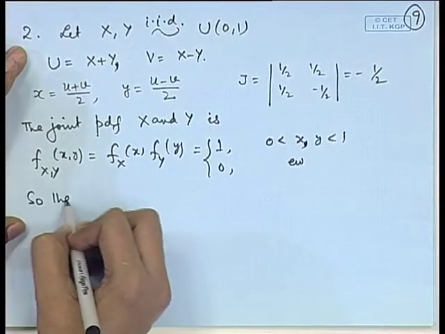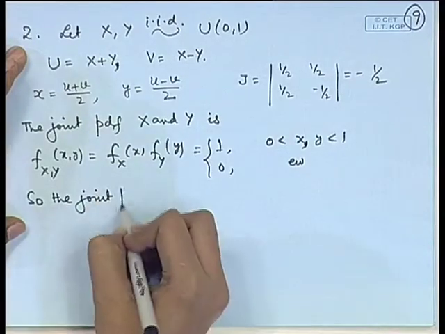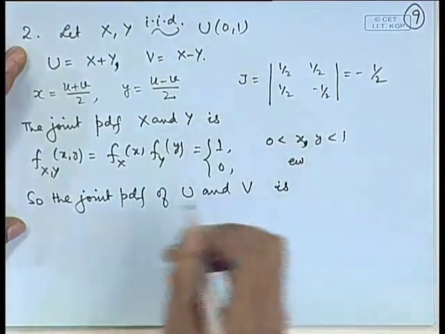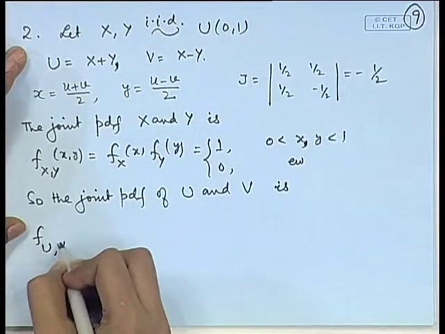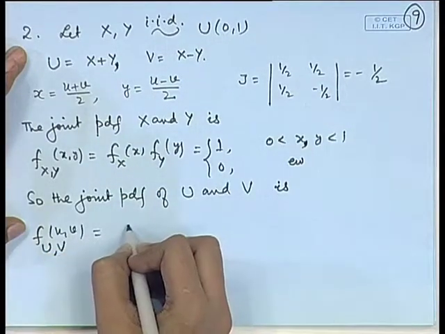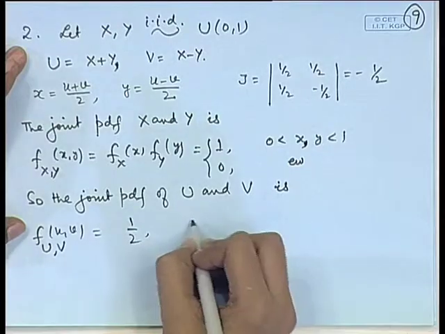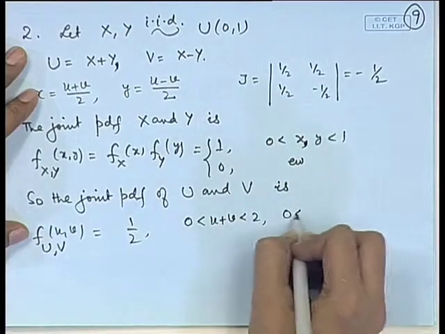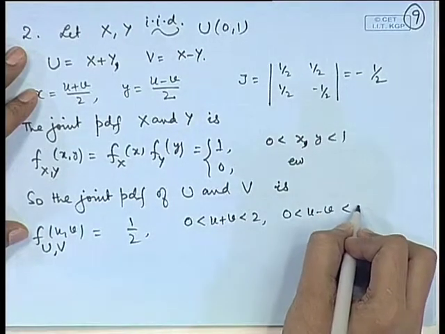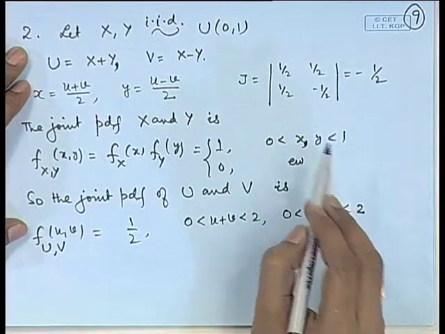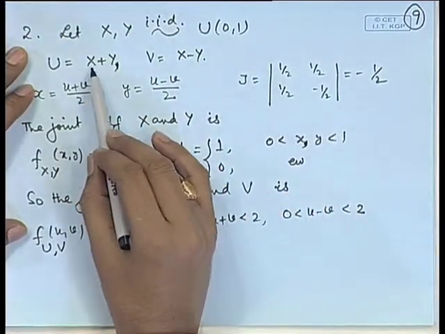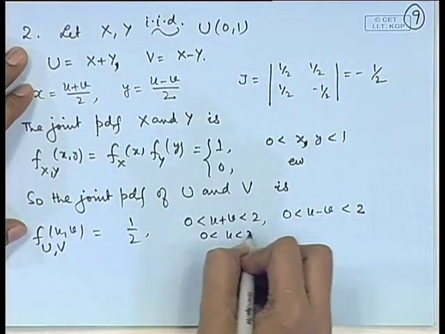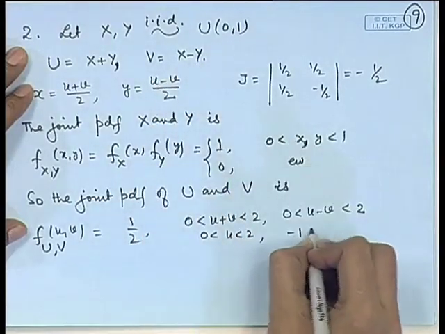So, the joint PDF of u and v will become half for 0 less than u plus v less than 2, 0 less than u minus v less than 2. Now, the ranges of u and v we can notice further here that since x and y are between 0 to 1, u will be between 0 and 2 and v will be between minus 1 and 1.